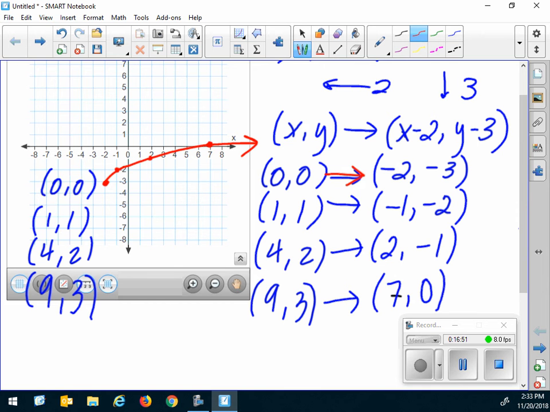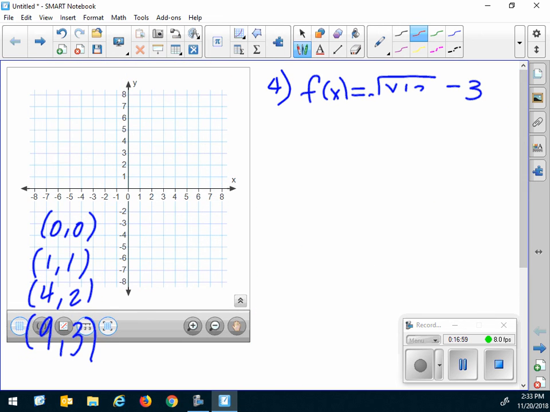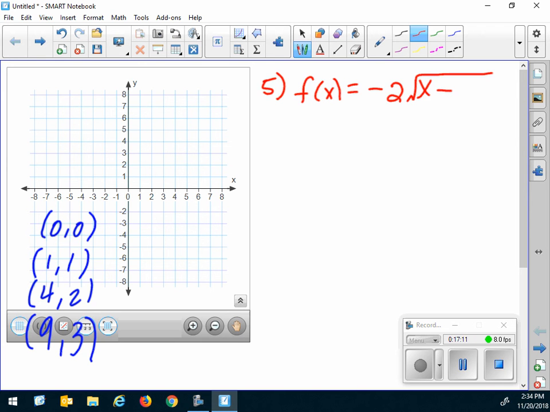All right, guys, we got one more. Number 5 says f of x equals -2 times the square root of x minus 1. This one has 3 things happening.